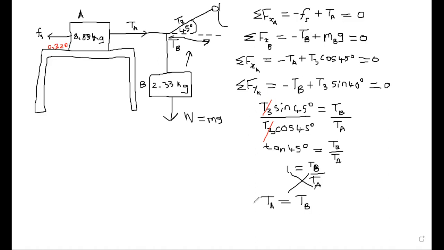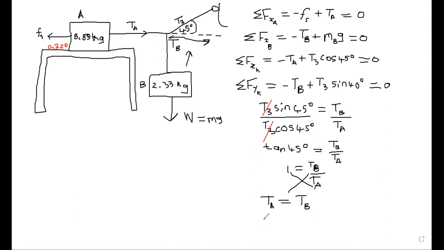I need a lot of space now. Let me move this thing up there. Okay. So now, since I know that TA can be substituted into TB, which one am I going to choose and substitute it here? I'm going to take TA and substitute it here in the space of TB.